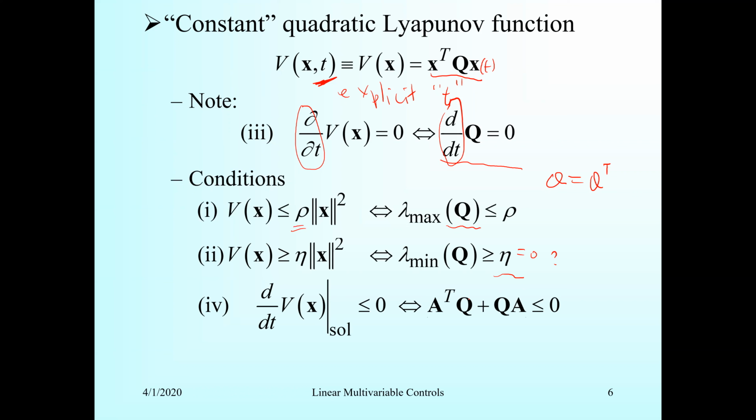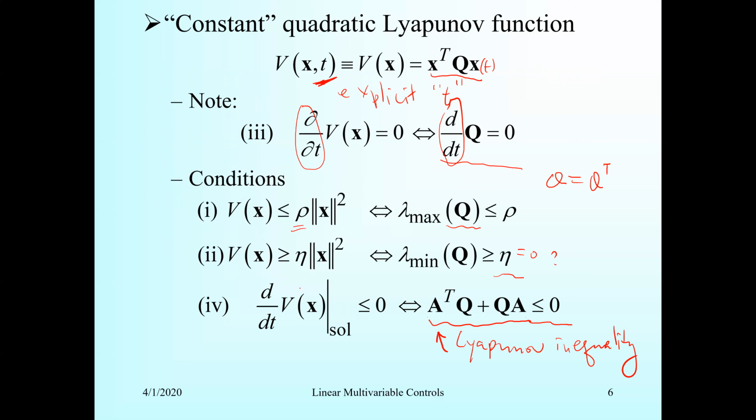Then I hope V dot is less than 0. That means A transpose Q plus QA is less than 0. This is actually called the Lyapunov inequality, because it is induced from the Lyapunov function.